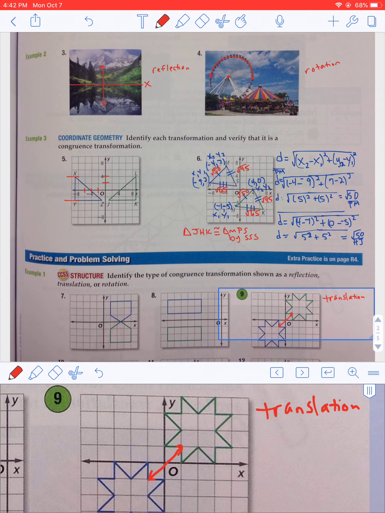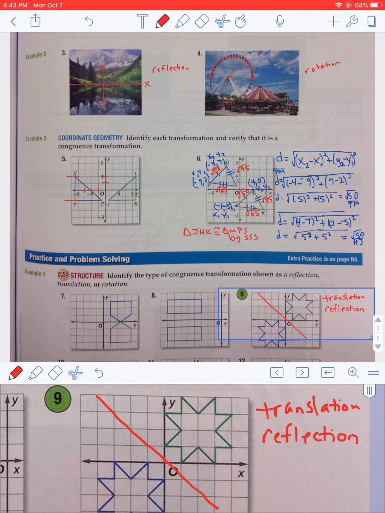Let's see if I can draw this accurately. There is a reflection line right there. It's drawn diagonal. Normally we're used to it being vertically up or horizontal, but actually it's reflected across that line, to pretend your mirror is right there, okay? And so that could be a reflection.